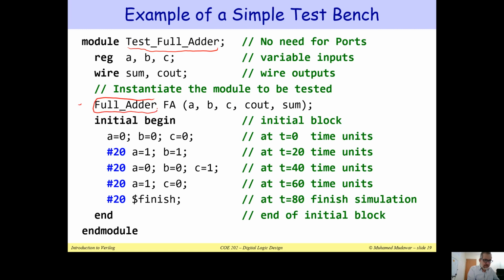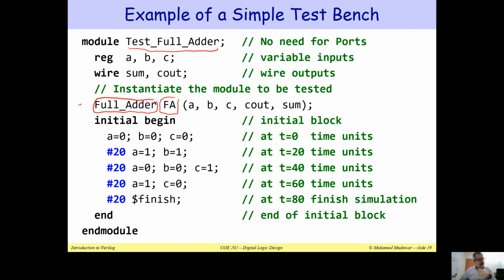This is the name of the module. I'm going to write the name of the module followed by the name of the instance. So here, FA is just a name for the instance. So we have 2 names. We have the name of the module, and the name of the instance of this module.